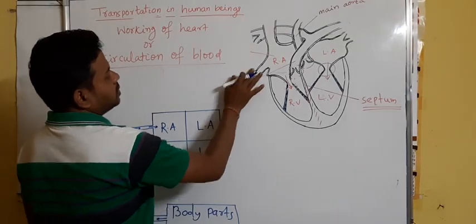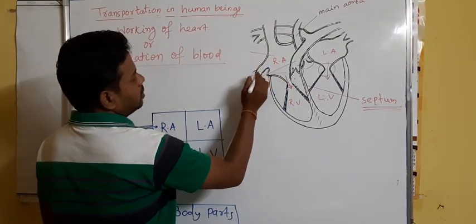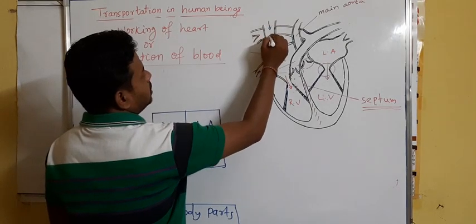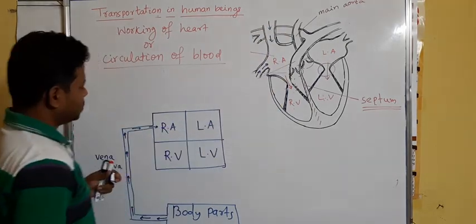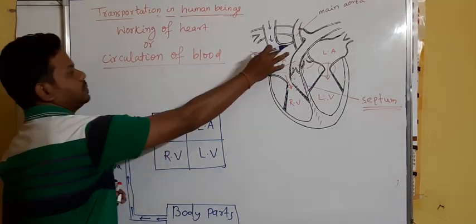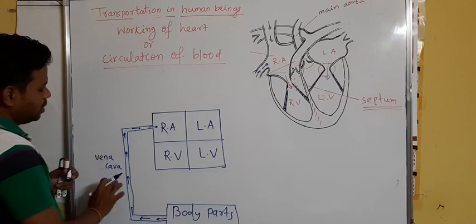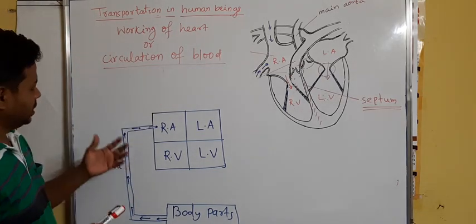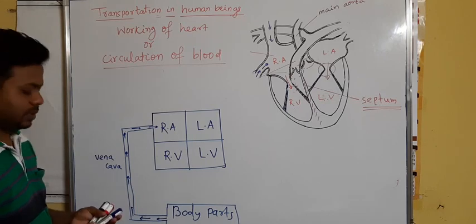From the lower parts of the body, it collects. From the upper part of the body, it collects. So the blood reaches to right auricle here through the blood vessel which is called vena cava. Two types of vena cava, inferior vena cava and superior vena cava.